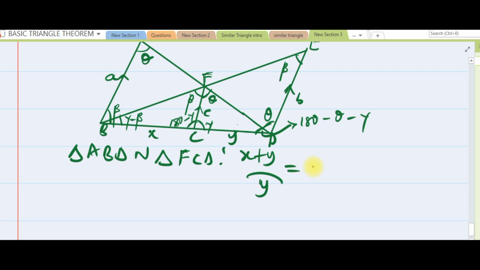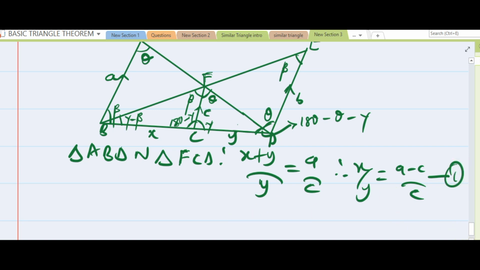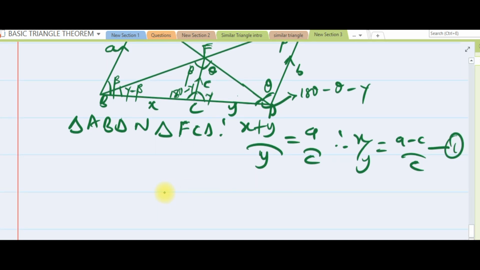Gamma is opposite to A, so it should be A over that same angle is opposite to C. So therefore x over y, this is x over y plus 1, y over y is 1, so A over C minus 1 is now A minus C over C. So that's equation 1.